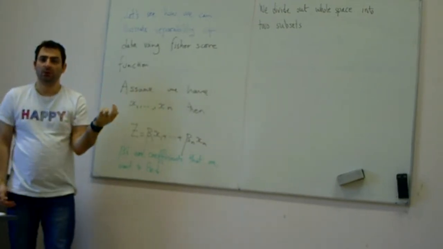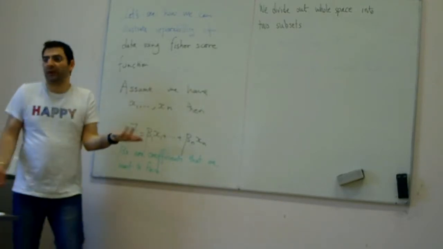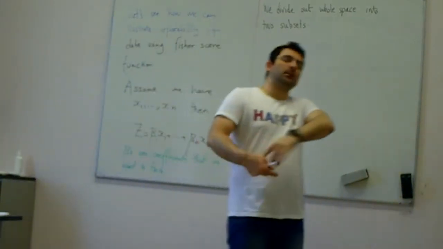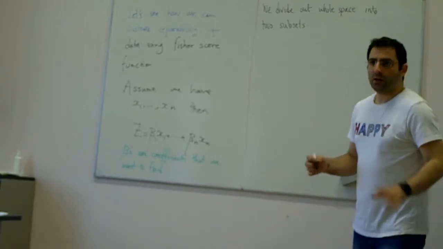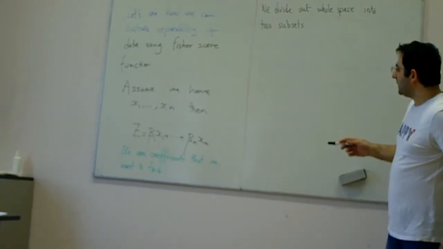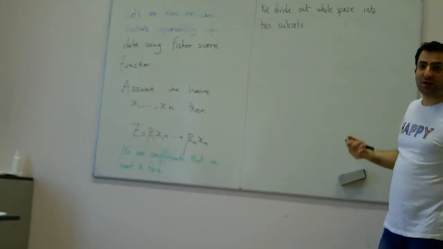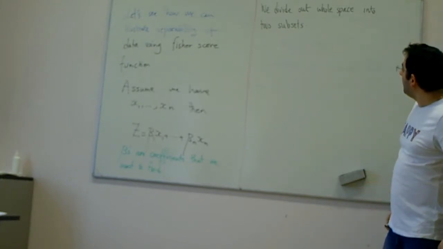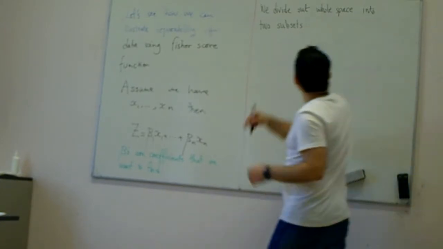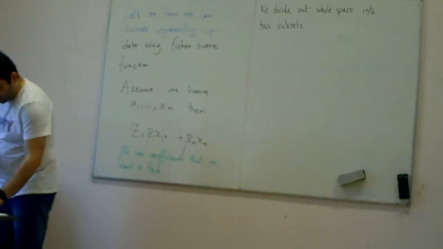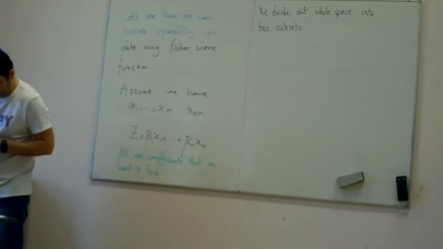No. We can have 1 in class 1 and 1 million in class 2. So we don't know about the numbers because it doesn't mention that they should have an equal number of vectors or features. So we divide our sets into two subsets.